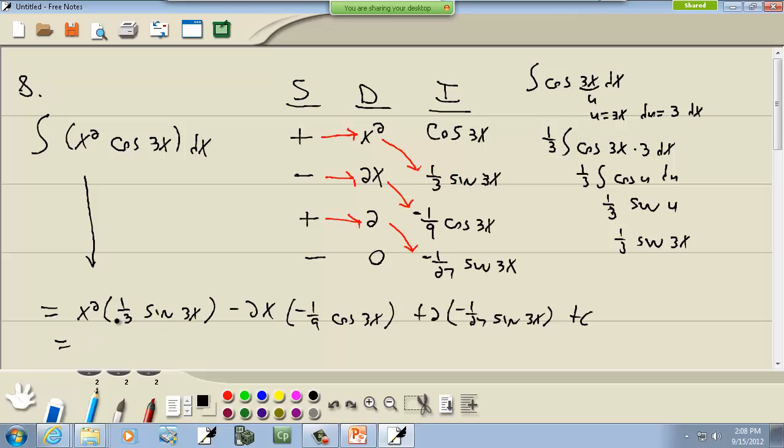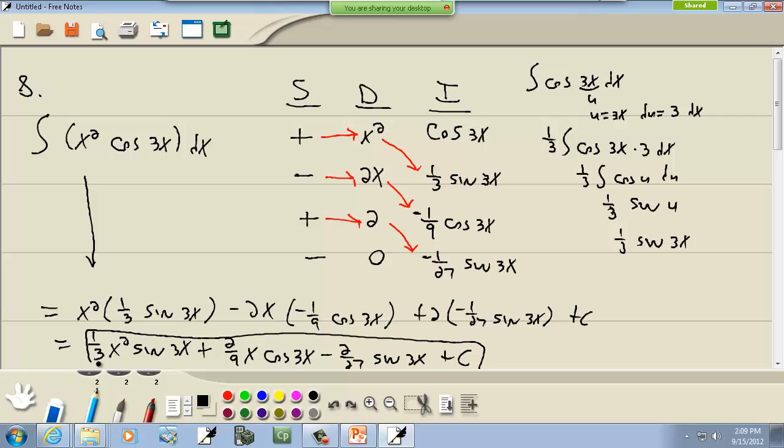I rearrange those a little bit. So we've got 1/3 x squared sine 3x. Negative times a negative is positive, 2/9 x cosine 3x. And that gives us negative 2/27 sine 3x plus c. And that would be your answer.